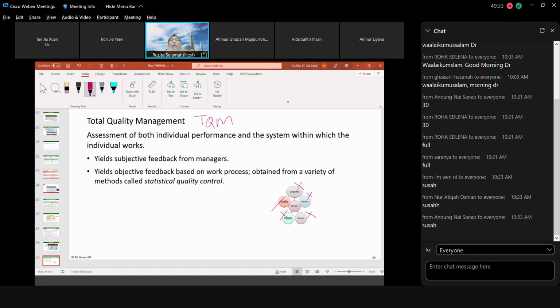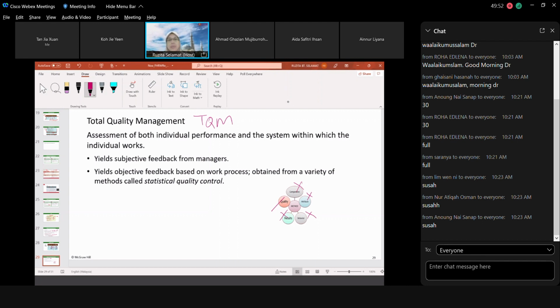But all in all, this TQM is meant to evaluate performance by looking at the quality of services, quality of the product, or even quality during the process of coming up with the product or the services.